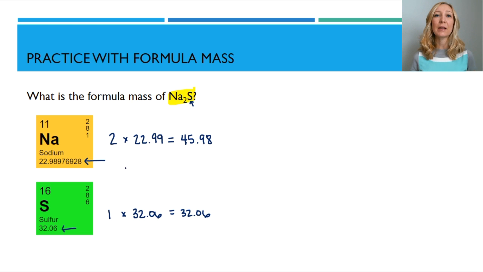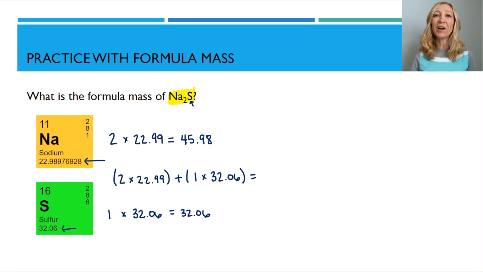So now we have to add these up, but I'm going to show you how I would add them up on a calculator so I could do this all in one step instead of breaking it apart into smaller steps. I would take parentheses 2 times 22.99, that's the mass of 1 sodium atom, close parentheses, plus open parentheses 1, the number of sulfur atoms, times 32.06, the mass of 1 sulfur atom, and then close parentheses and then hit equals.